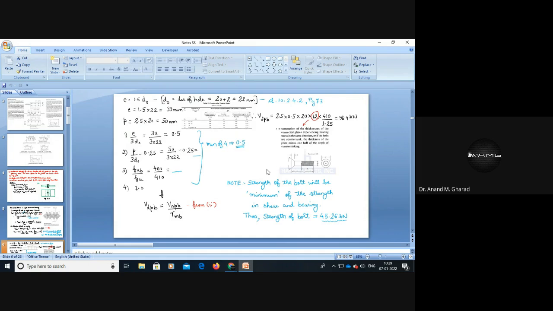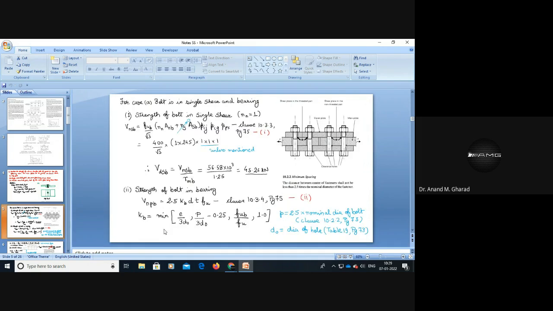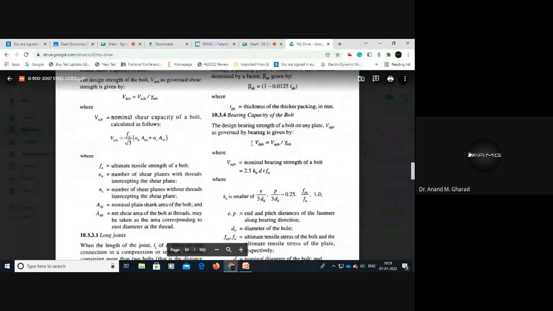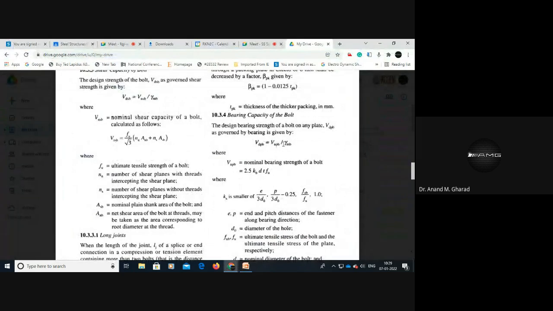Okay. Now the next part is to calculate Vdpb. Vdpb in the sense, first we calculate Vnpb. Vdpb is nothing but Vnpb divided by gamma mb, if you remember this formulation.